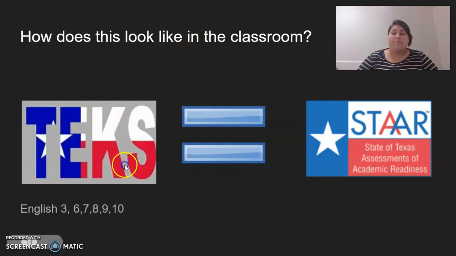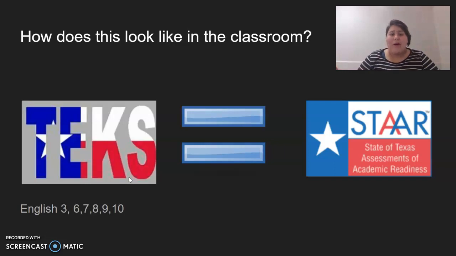Specifically, the reading standards that we are going over in the reading STAAR test are TEKS 3, 6, 7, 8, 9, and 10. I understand that means nothing to you.